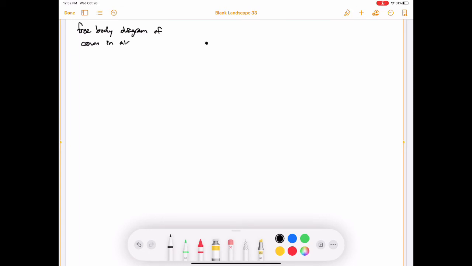So here's the crown, a couple different forces acting on it. We have the tension in the string, we'll call that T, that pulls up on the crown, and it's counteracted by the weight or the force of gravity pulling down on the crown. Now, that's it as far as forces go. Technically, there is a small buoyant force provided by the air.